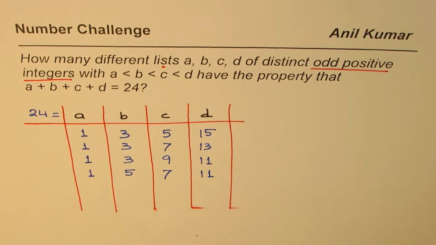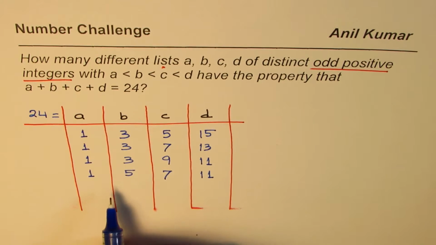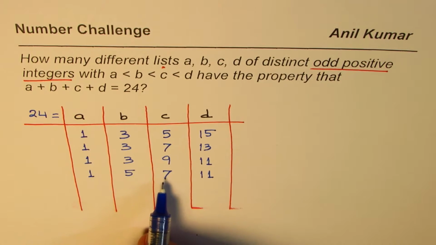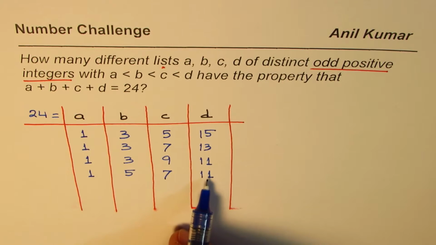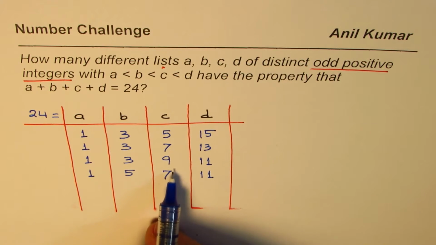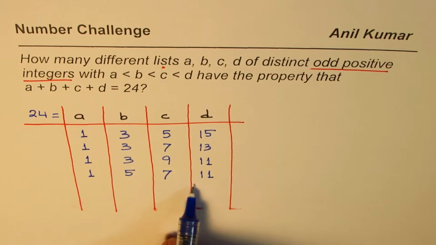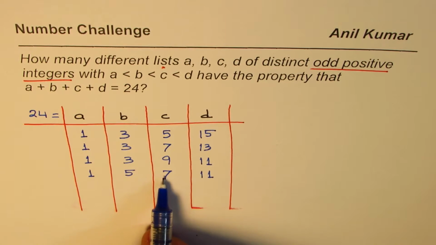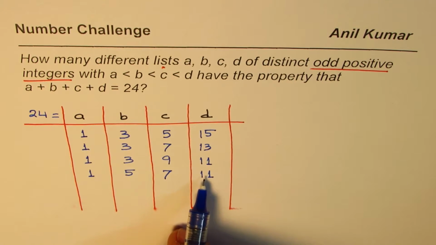So that is our next number, 11. And now what we can do is decrease this number by 2, and increase this number by 2 and decrease that by 2. So in that case, both will become 9. And then the list will not work, correct?